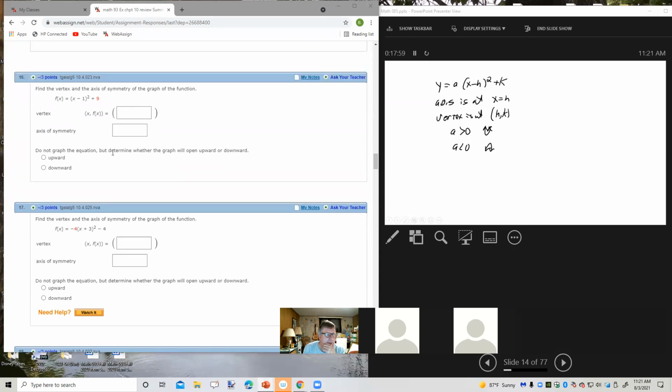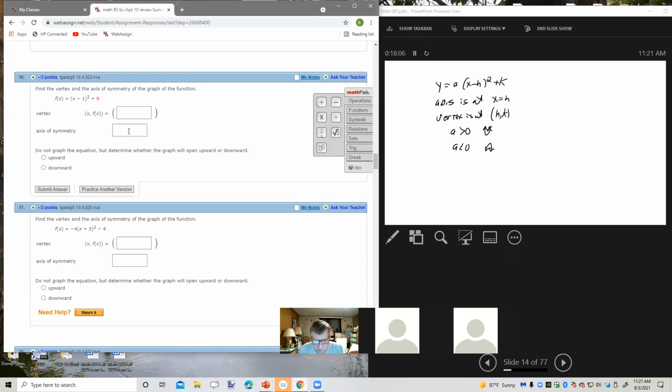So let's take a look at this problem 16 here. So h would be 1. So your axis of symmetry is going to be at x equals 1. Again, if you just put in 1, it's wrong. You've got to write x equals it for the axis of symmetry.